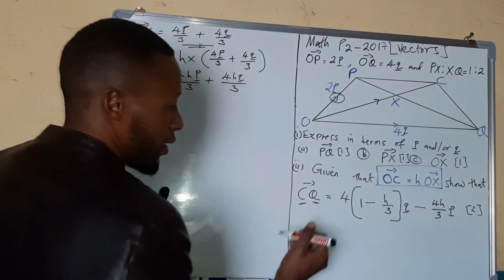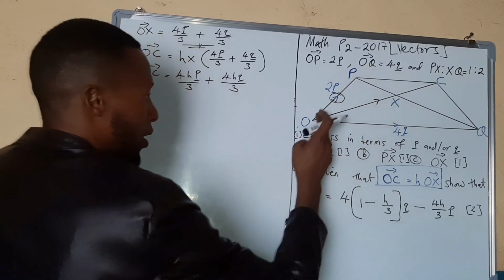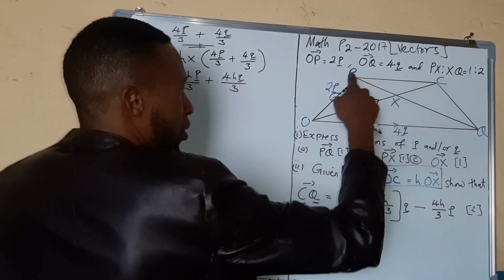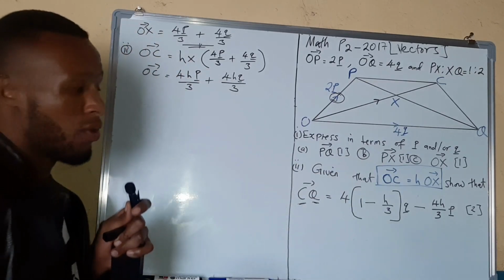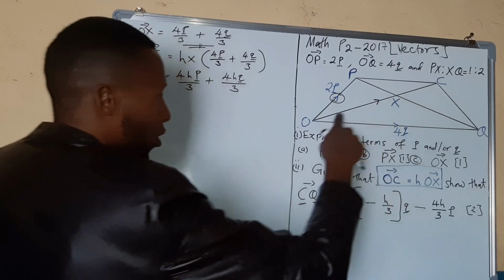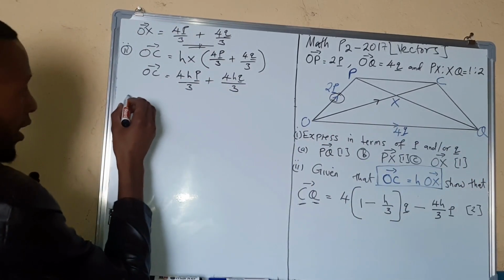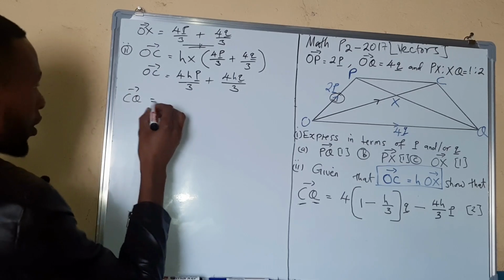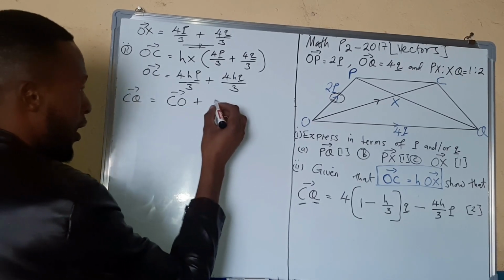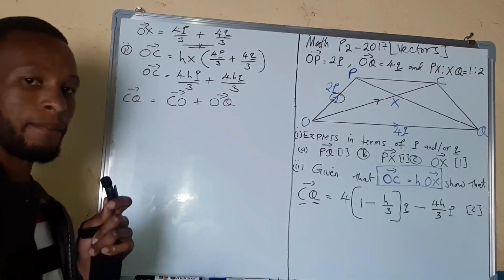Our ending point is Q. If I go CP plus PO plus OQ, I'll be stuck on CP because I don't have a value. So the only direction so far we can go for is CO, then OQ. So finding CQ will be vector CO plus vector OQ. This is the correct direction.